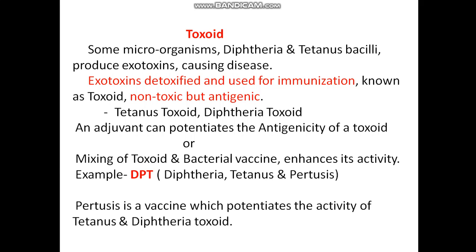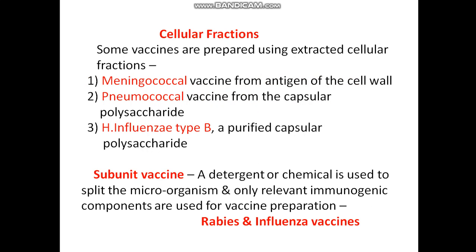When an adjuvant is added to these toxoids, the antigenicity of the toxoid increases, or sometimes mixing of toxoid and bacterial vaccine enhances its activity, such as DPT. Here it is diphtheria, tetanus, and pertussis. Diphtheria and tetanus are toxoids and pertussis is the vaccine, which potentiates the activity of the tetanus and diphtheria toxoids.